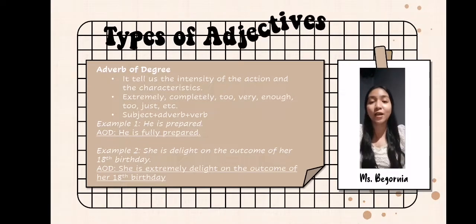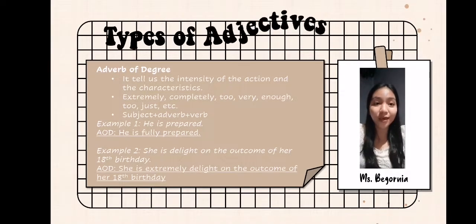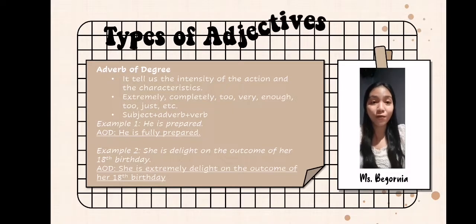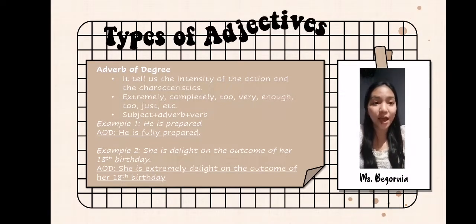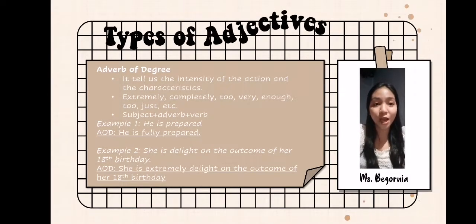So here are other words that you can use when you are going to write adverb of degree. We have extremely, completely, too, very, enough, just, and many more. So here's the pattern of my example. We have subject plus adverb plus verb.